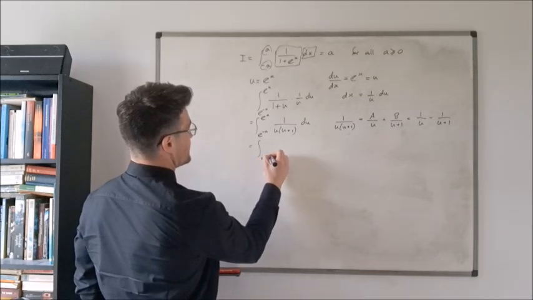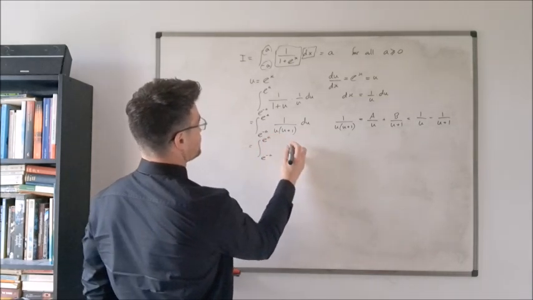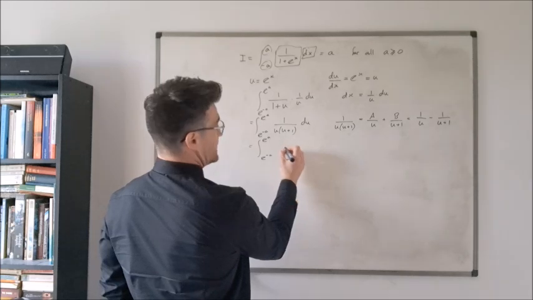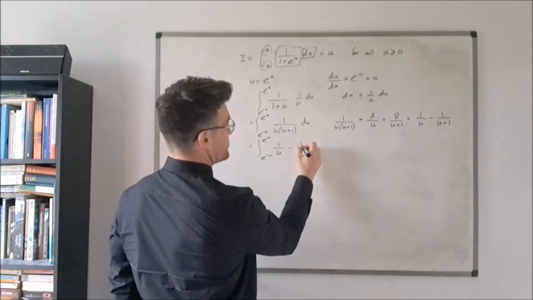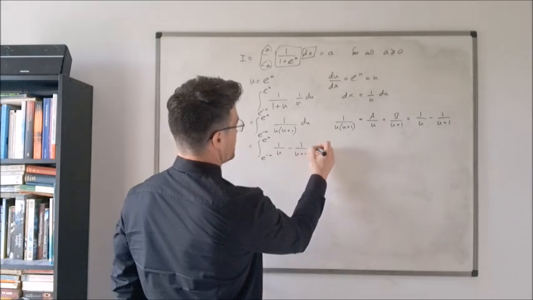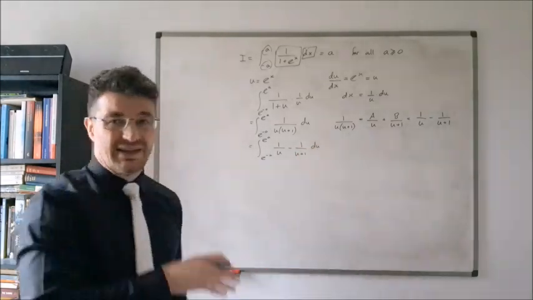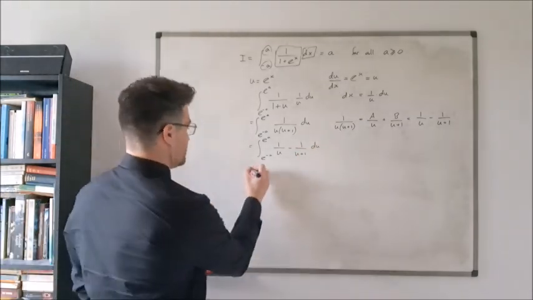So we get the integral from e to the minus a to e to the a of 1 over u minus 1 over u plus 1 du. Okay, now everything's straightforward.